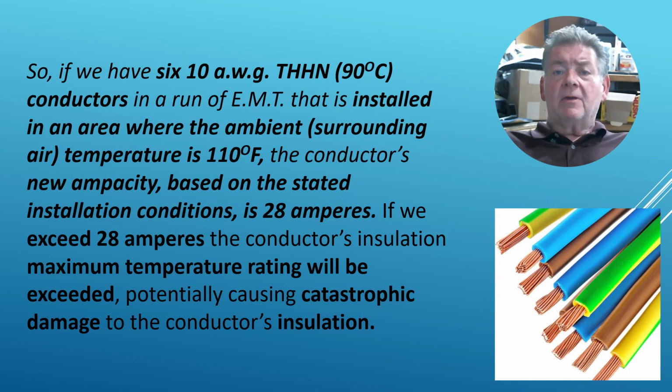So again, to recap, if we have 6 number 10 American wire gauge copper conductors with THHN 90 degrees C maximum temperature rated insulation installed in a run of EMT, and that EMT is installed in an area where the ambient or surrounding air temperature will reach 110 degrees Fahrenheit, the conductor's new ampacity, based on the stated installation conditions, is 28 amperes.